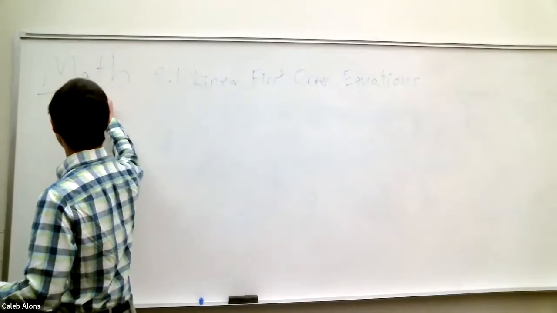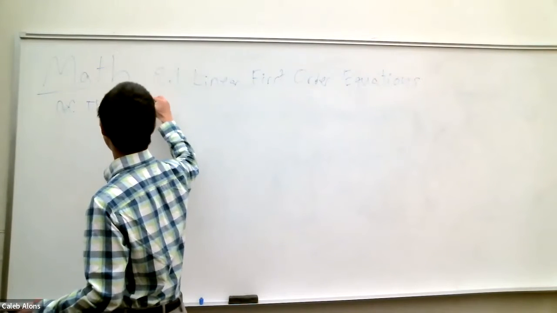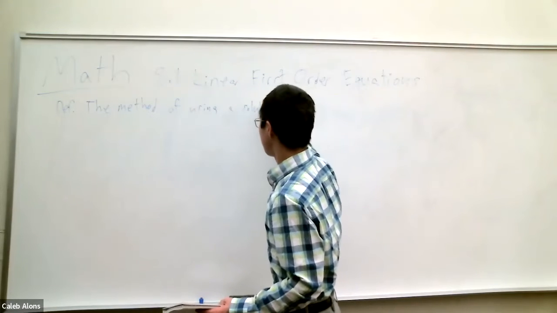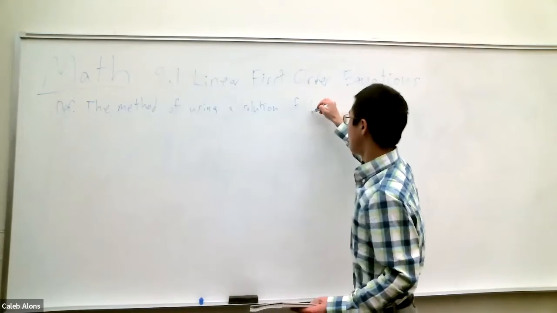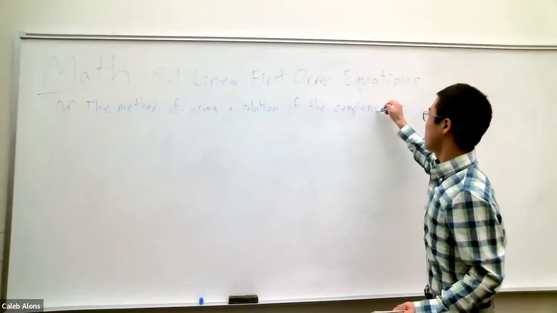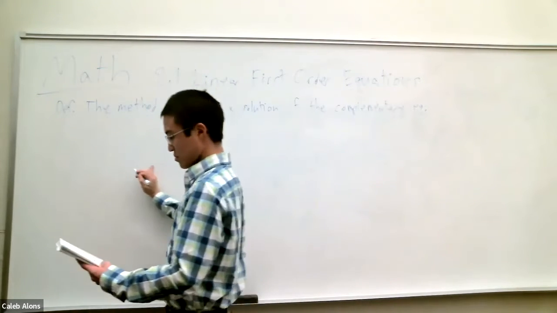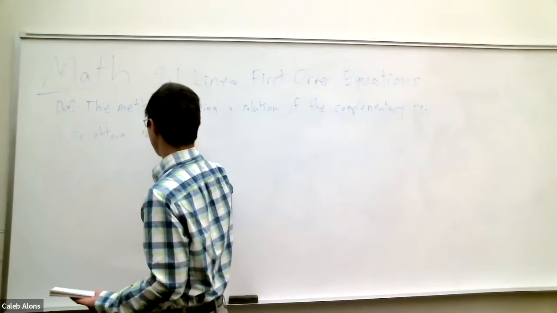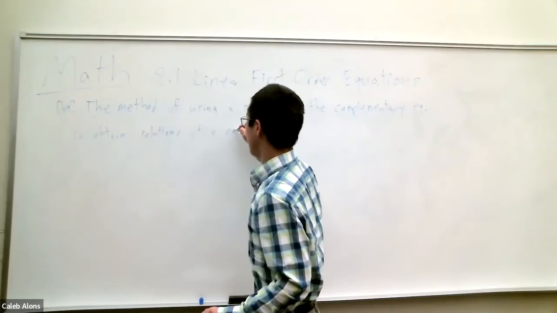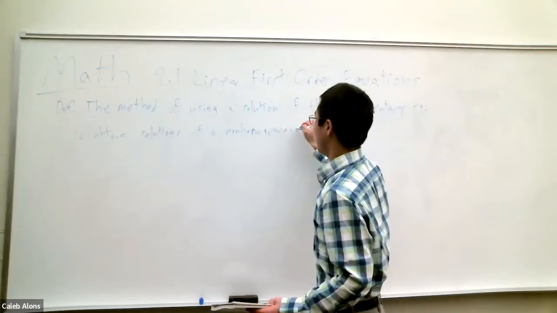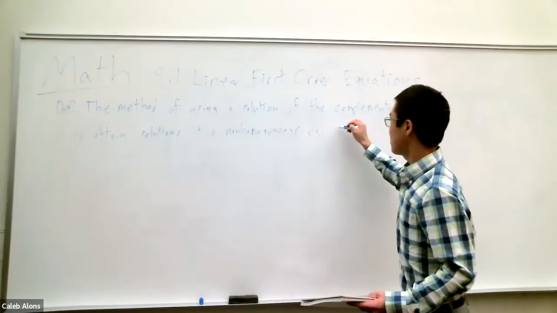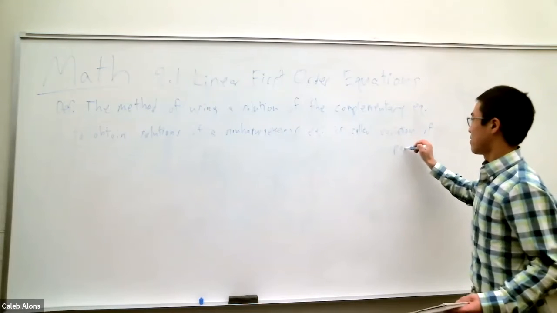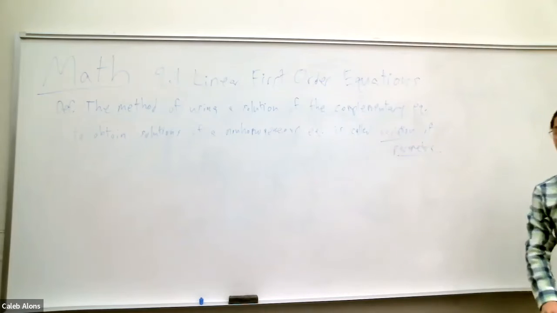The method of using a solution of the complementary equation to obtain solutions of a non-homogeneous equation is called variation of parameters.